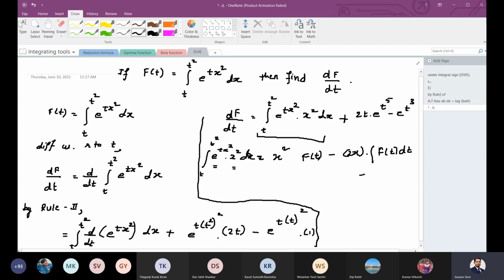And the next term will become plus 2 times integration of F of t dt. This is what we will have. But integration of F of t, that is becoming a bit complicated.